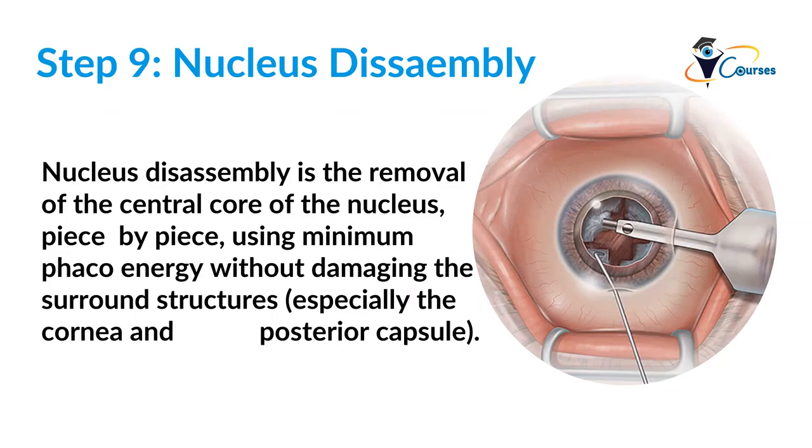So what are the techniques that we can use for the nucleus disassembly? First technique is called divide and conquer. What is divide and conquer? Divide and conquer is making a vertical groove like that, and then doing a horizontal groove, dividing the nucleus into 4 quadrants.